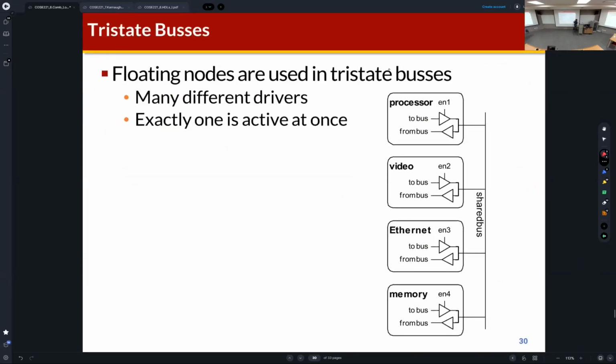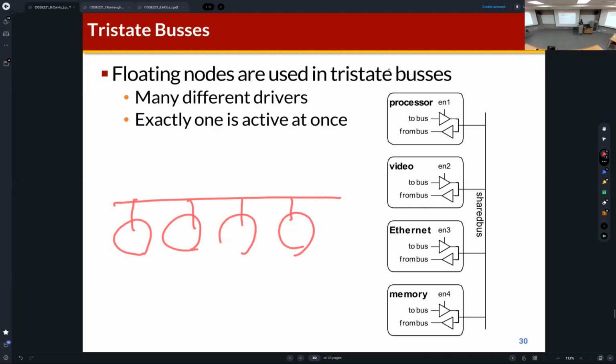So we use the tri-state buffer for implementing a bus. Okay. So what is a bus? A bus is a wire, and this wire can be connected to many different components. In a computer system, we have many different I/O devices, which means input and output devices.